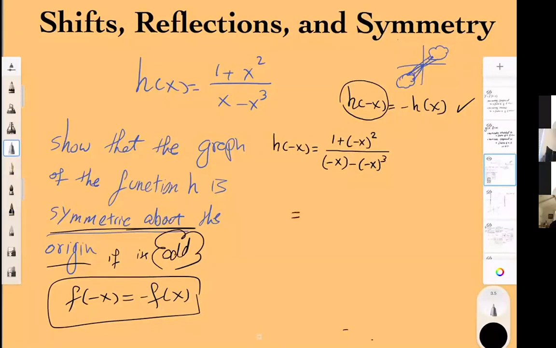Equal to, line here, 1, negative x squared, I get positive. Good. This negative x will be negative x. Negative x cubed will be negative x cubed. Then a negative negative gives you positive x cubed.